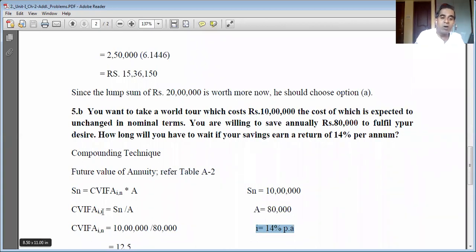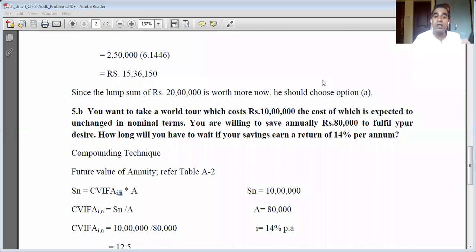So what is not given is small n. Using a small technique, or a twist, we are going to identify the number of years when your 80,000 rupees per year savings will accumulate to 10 lakh rupees.